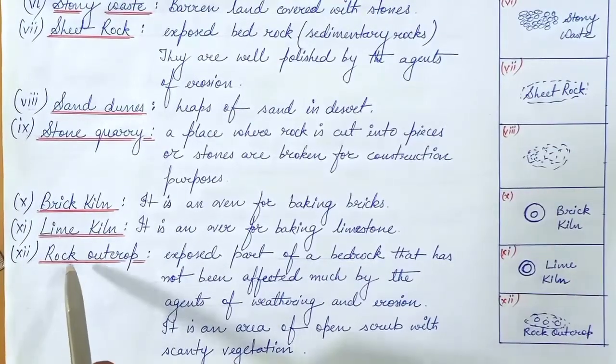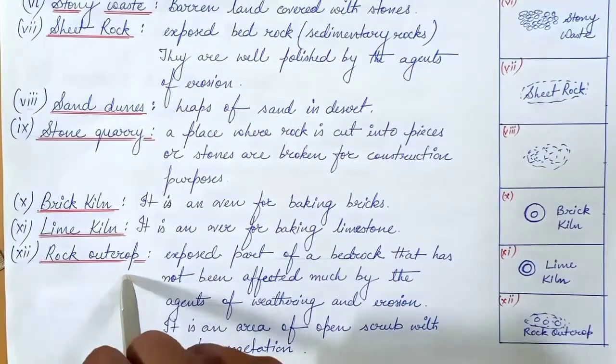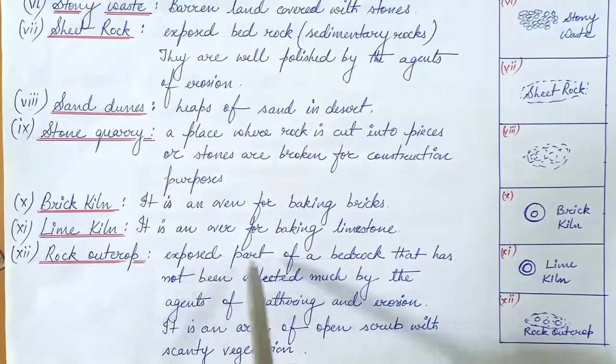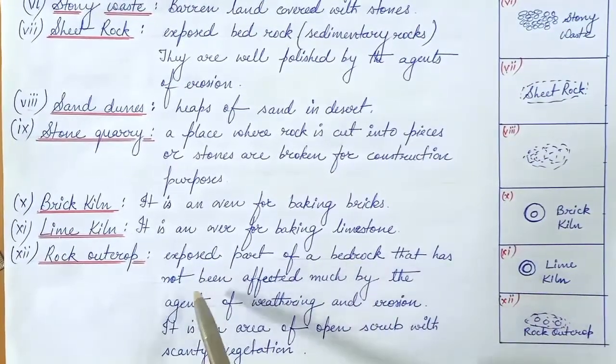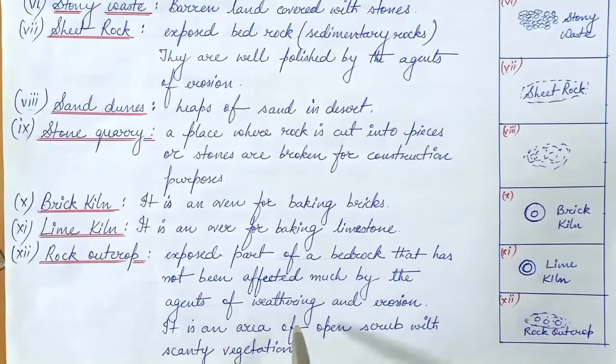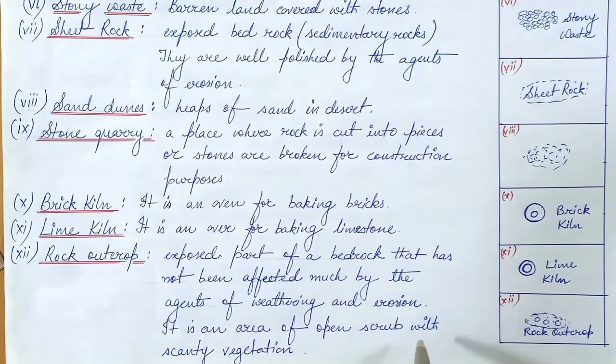Apart from this, we also see rock outcrop. So it is an exposed part of a bedrock that has not been affected much by the agents of weathering and erosion, and it is an area of open scrub with scanty vegetation. So students, let's see it in the map.